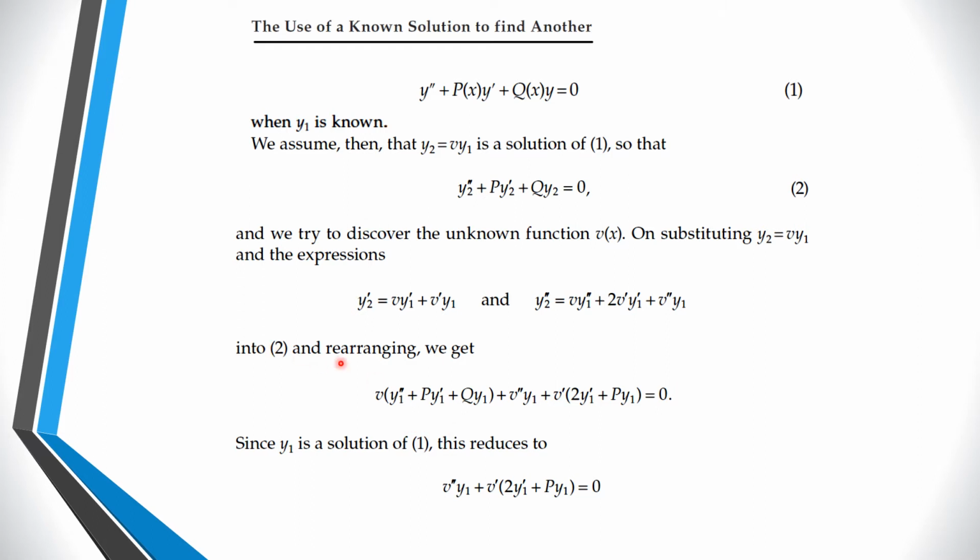Given that y1 is the solution of this equation. Since y1 is the solution, therefore y1 double prime plus p y1 prime plus q y1 will be 0. So this is 0, and we are left with this term only.